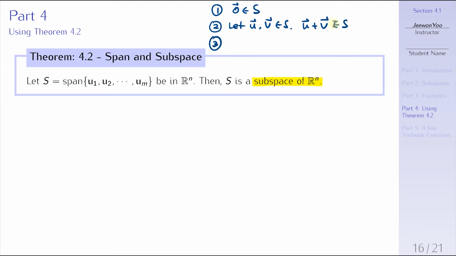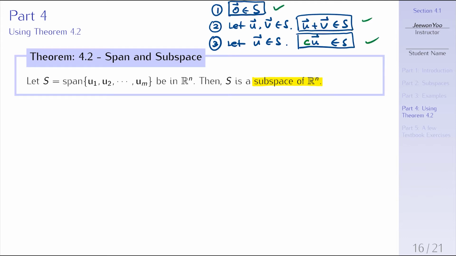And lastly, a scalar multiple of an arbitrary vector in S must also be in S. If you can show these three things, then right away you have successfully proved that the span of u1, u2 up to um is a subspace of Rn. So now you have an idea how to prove such a thing.